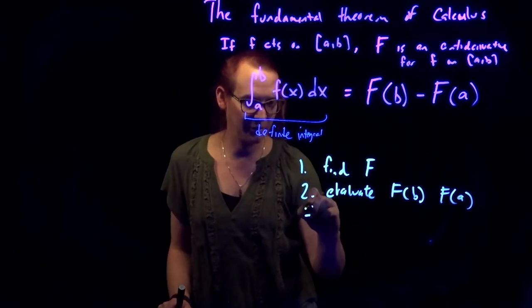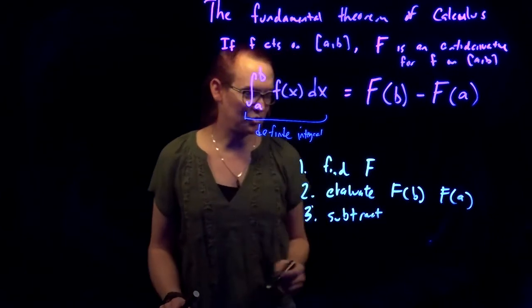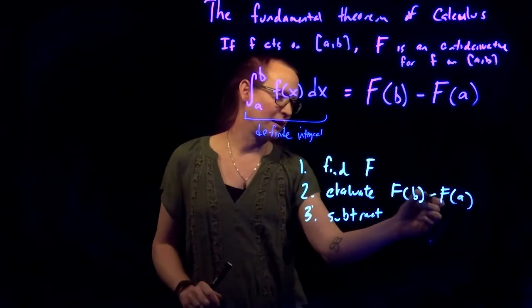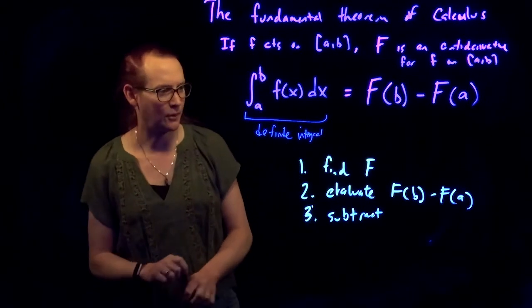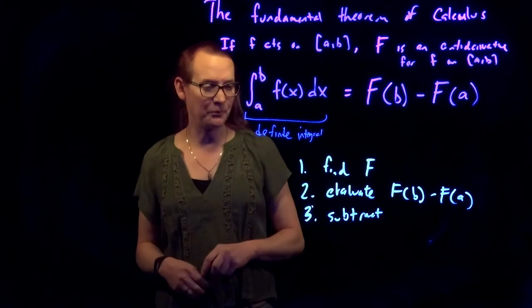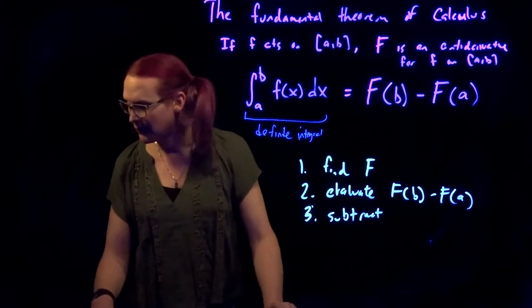And then three, I'm going to subtract those values. And very often I would merge step two with step three. And so I want to really evaluate those two things. Okay. The evaluation part tends to be the easier part, and finding antiderivatives in general is a difficult problem.